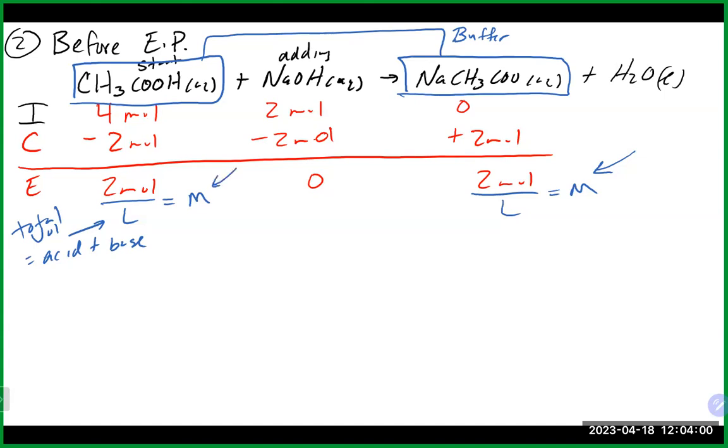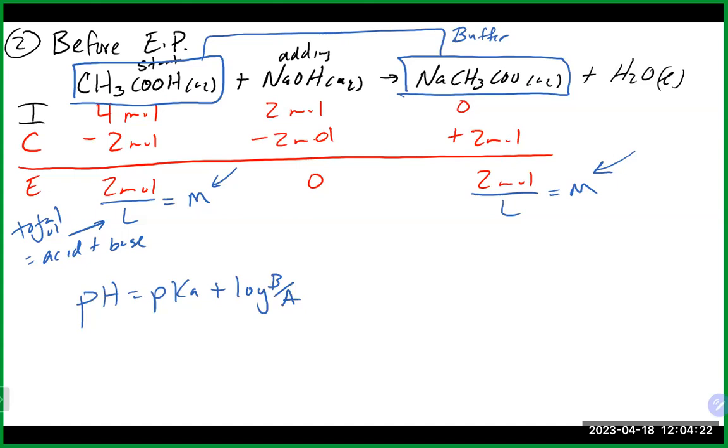But because it is a buffer and we're really interested here in the pH, that means we really have 2 ways that we could solve for it at this point. I probably think the Henderson-Hasselbalch might be the best move at this point. We could go into our Henderson-Hasselbalch equation, making sure that we take the pKa value from the weak acid.